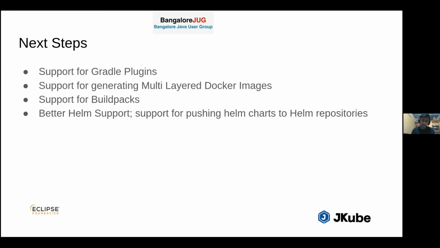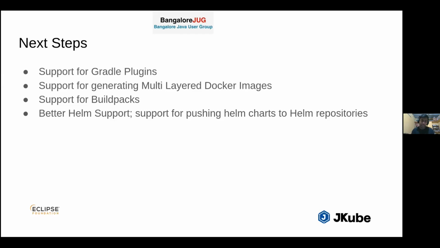I hope we are able to deliver on time. We are also planning to add support for multi-layered Docker images. Right now we are only creating a single-layer Docker image, but in the future we might be able to generate multi-layered Docker images like what Jib does or what the Spring Boot plugin is doing. I'm not sure whether you have tried out the Spring Boot plugin's buildImage, but that also creates multi-layer Docker images.